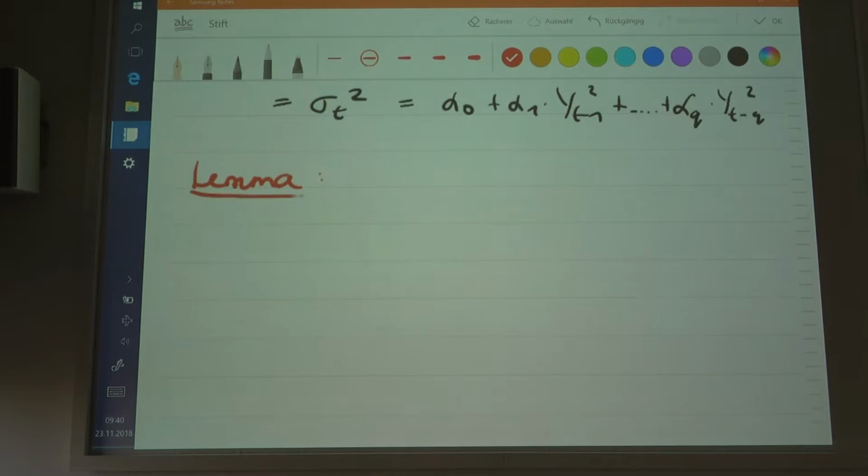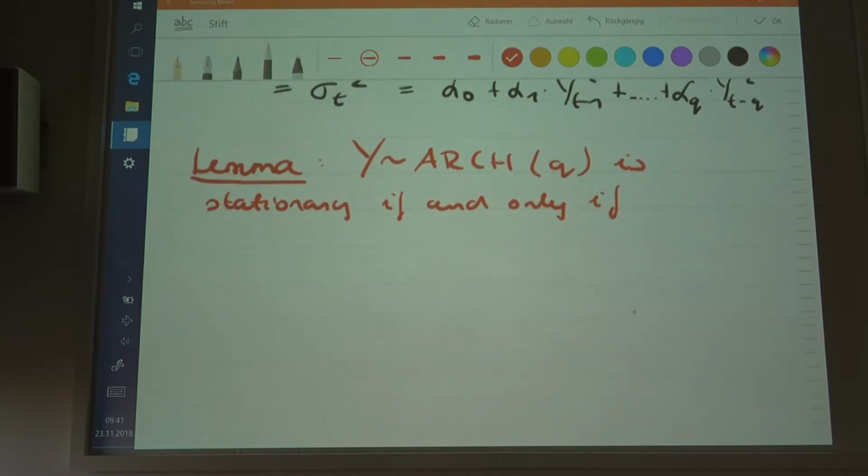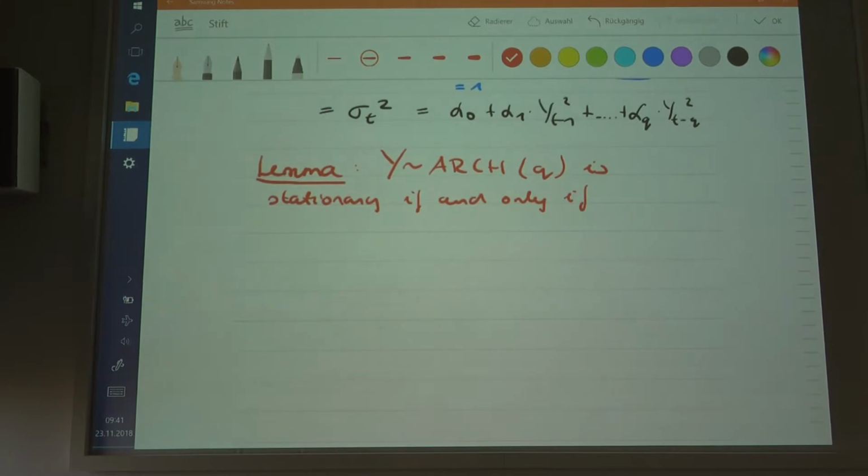The next proposition tells you that if y is an ARCH process, then it is stationary if and only if the following condition holds: 1 minus alpha 1 minus alpha 2 minus and so on, minus alpha q is greater than 0.